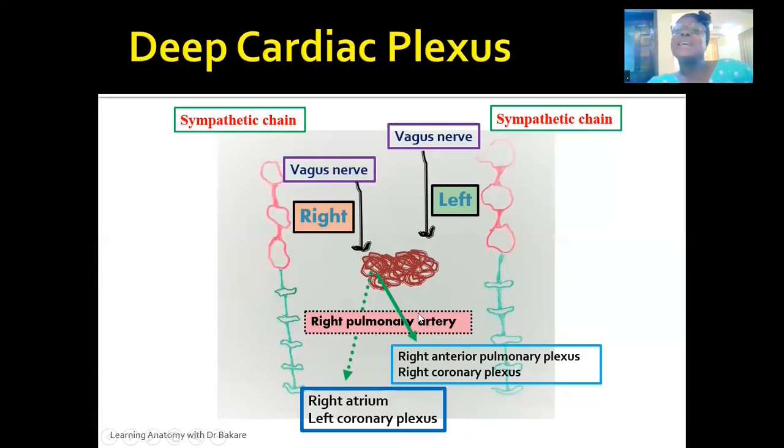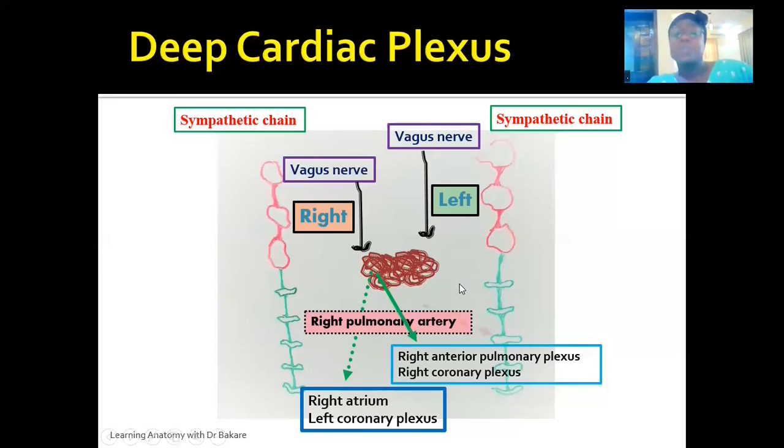So the right pulmonary artery is used to establish the different branches that emerge from the right side of the cardiac plexus. Some branches part anterior to it, and some part behind it, or posterior to it. For the anterior branches is where we have the right anterior pulmonary plexus and the right coronary plexus. Then posteriorly, behind the right pulmonary artery, still on the right side, we have branches that supply the right atrium and also the left coronary plexus. So that is how it goes.